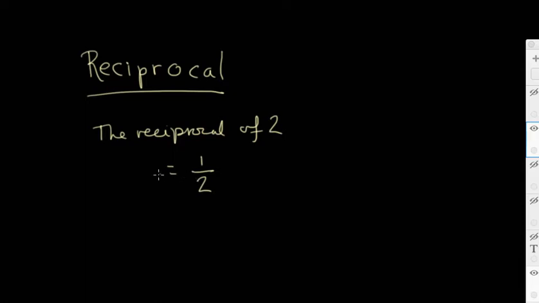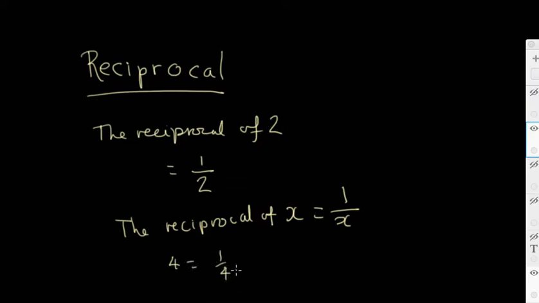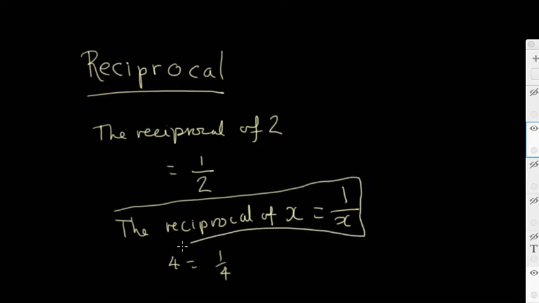So the reciprocal of, say, a number x is just 1 over x. The reciprocal of 4 would be a quarter. So this is a really nice trick to memorize. Just memorize it. If it comes up in the exam, you'll get yourself a couple of easy points.